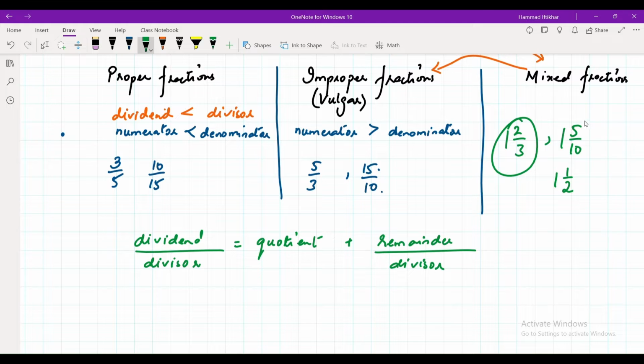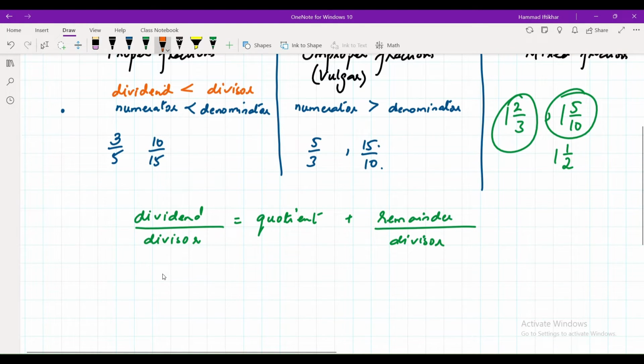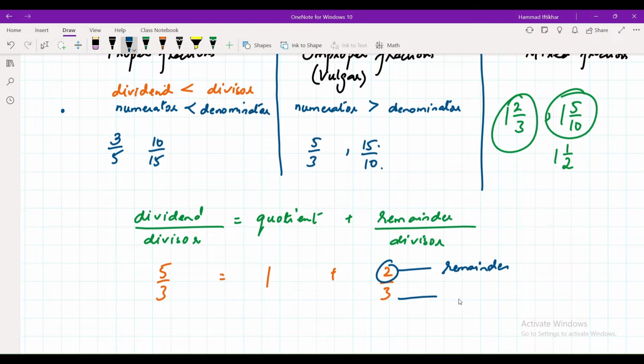And that's exactly what this thing is. So 1, 2 over 3, what we actually did over here, 5 over 3 is equal to 1 plus 2 over 3, where 2 is the remainder, 3 is the divisor, and 1 is the quotient.